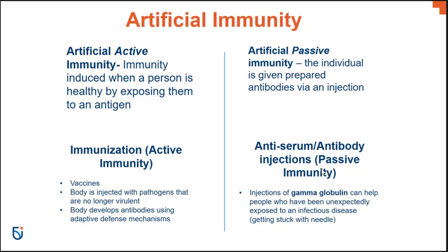And so instead of waiting for my body to produce antibodies, because that takes time, just in case it's a very serious virus such as HIV, doctors can actually inject antibodies into me. And so that's passive because my body's not actually producing the antibodies, but they're being directly injected into my body.